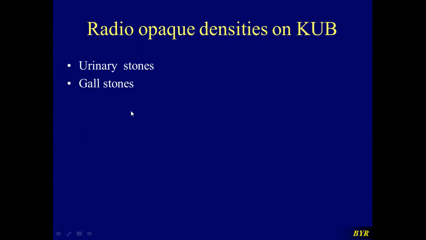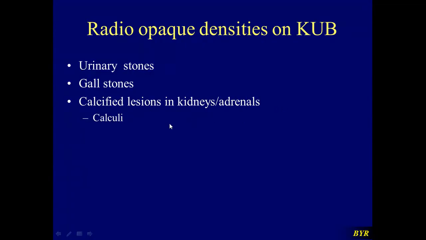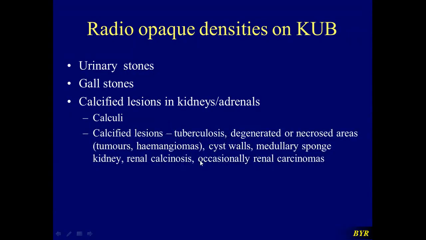Then gallstones, then calcified lesions in the kidneys and the adrenals, they cast shadows. The calcified lesions being tuberculosis, degenerated or necrosed areas of tumors and hemangiomas, cyst walls, medullary sponge kidney, renal calcinosis, occasionally renal carcinomas.